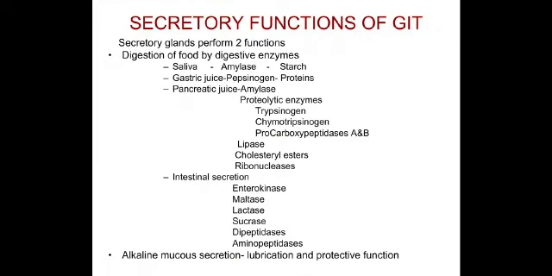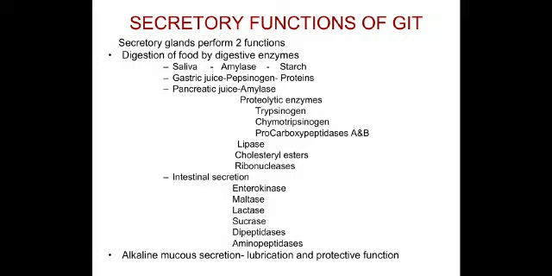The secretory functions of the GIT are: the saliva secretes amylase, which helps in digestion of the starch. So carbohydrate digestion starts in the mouth by secreting saliva. The gastric juice secretes pepsinogen, which enhances protein digestion.